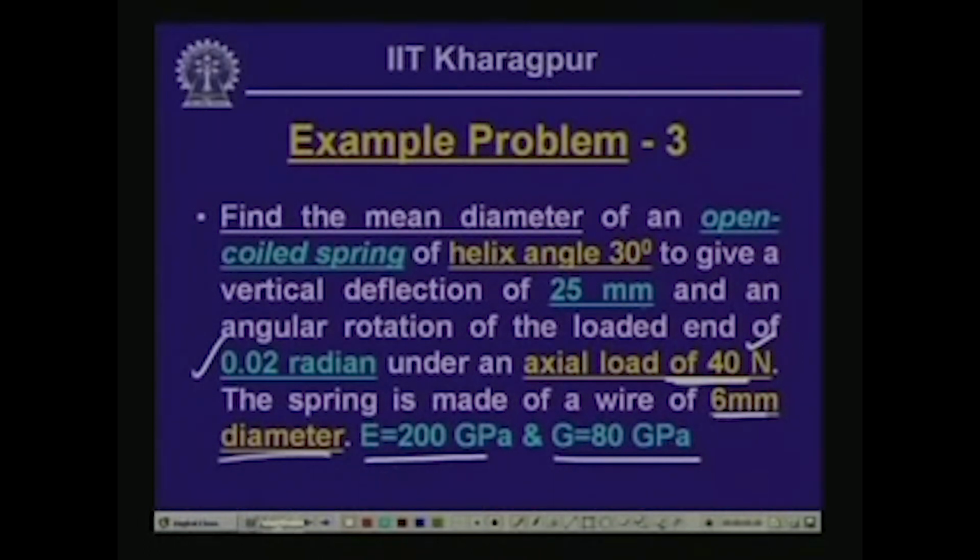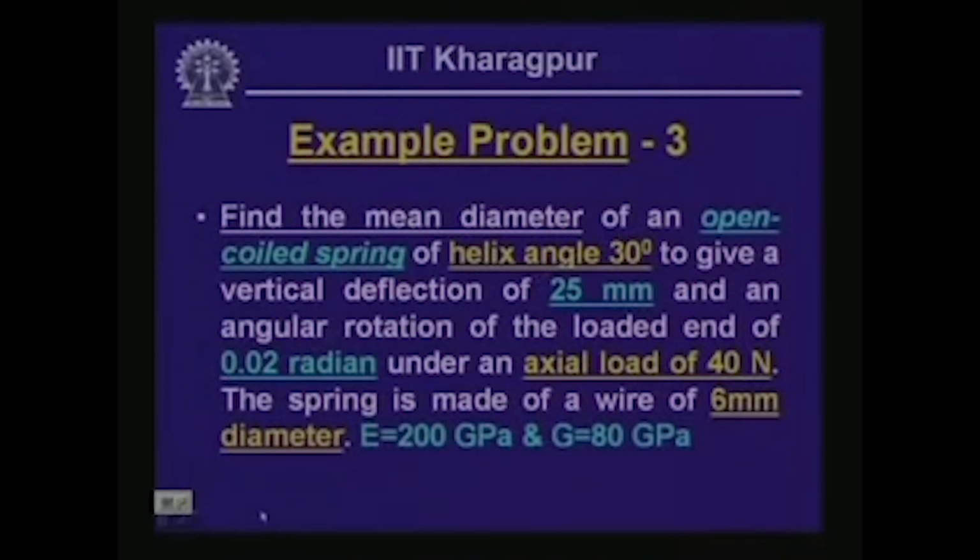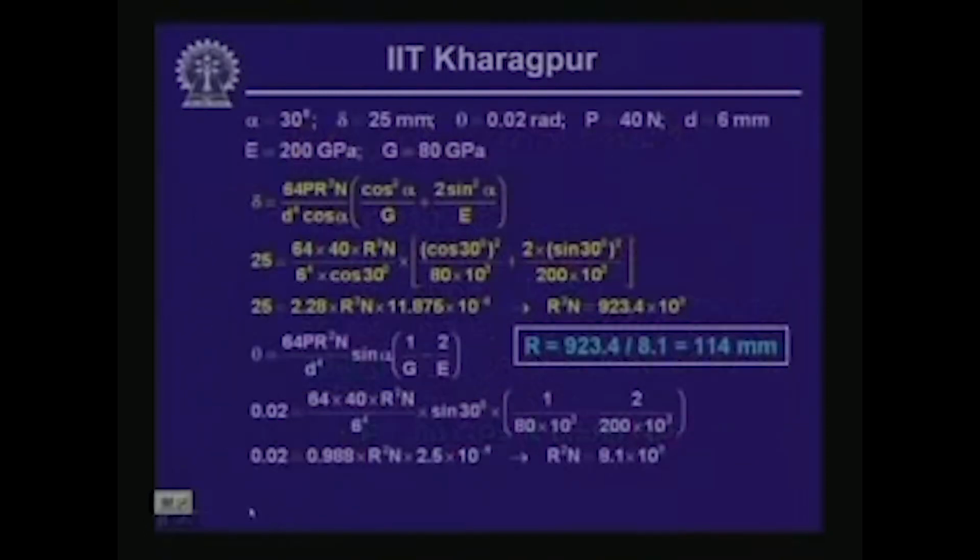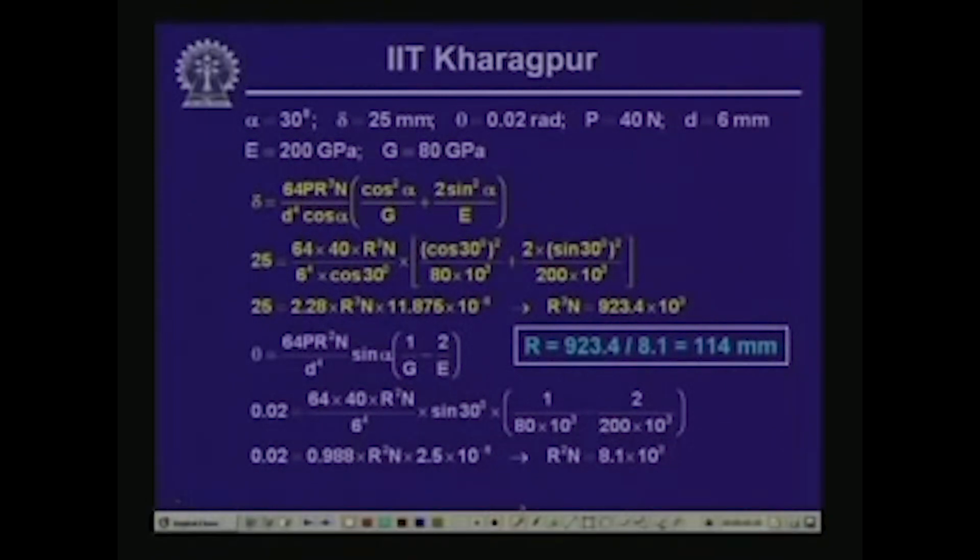Now, if we look into this, the alpha value is given, the deflection delta is given as 25, theta is given over here, P is equal to 40 Newton, and the value of small d is 6 millimeter. Now, you will have to find out what will be the mean diameter capital D or the mean radius r.